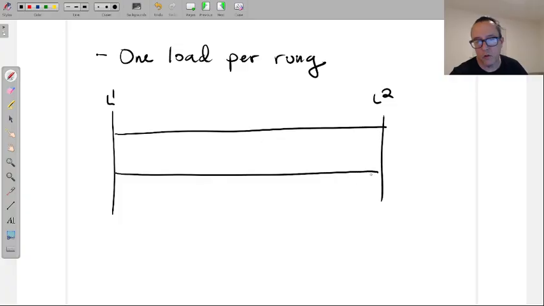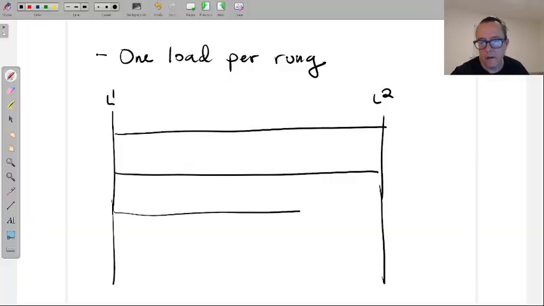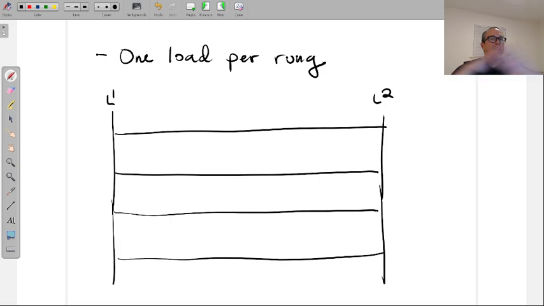And so we can have multiple rungs on a ladder diagram. I have been asked before, how many rungs can we have? Endless rungs. However many rungs you need to represent the circuit that's running whatever machinery we're talking about. They don't go that long, because how complex can machines be?